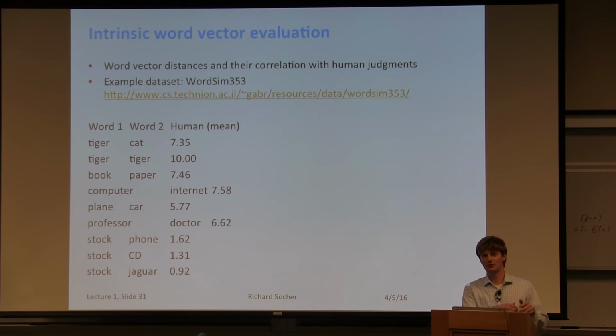If 1 is they have nothing to do with each other, and 10 is they're basically synonymous, they're exactly the same, then tiger and cat is 7.3. Very subjective, of course, might be culturally dependent, and so on. Usually, you just ask a bunch of college students who are around when the researchers did their research. So there are again potential problems, but in general, it's helpful, right?